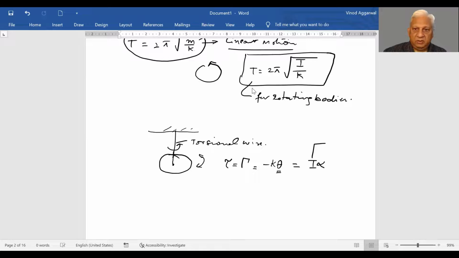Here I is the moment of inertia. This moment of inertia will be about this axis, this disk rotating about this axis, and this is angular acceleration.